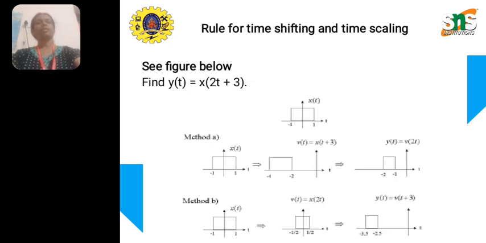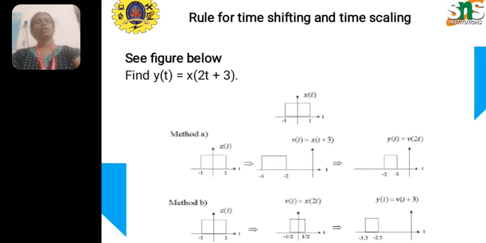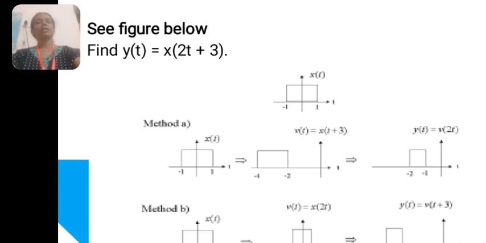For example, let us understand the concept of time shifting and time scaling by using this example. Consider y of t is equal to x of 2t plus 3. So how can this new y of t be achieved with the given original signal x of t?